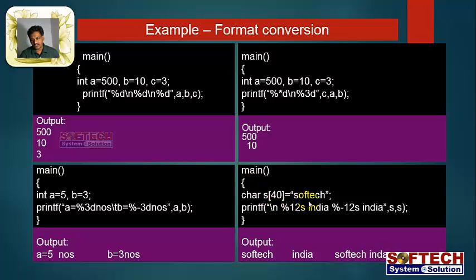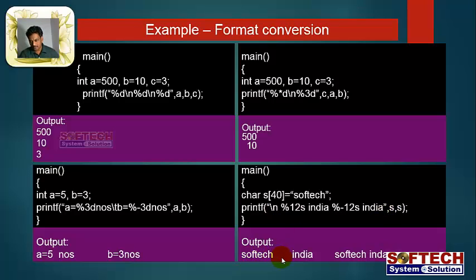Main character s of art is soft tag. So it is a character array. Here we assign the string soft tag to s of art. Print a backslash n %12s India, %-12s India. The total number of characters in soft tag is 7. Here we allocate 12 spaces with %12s to display s.